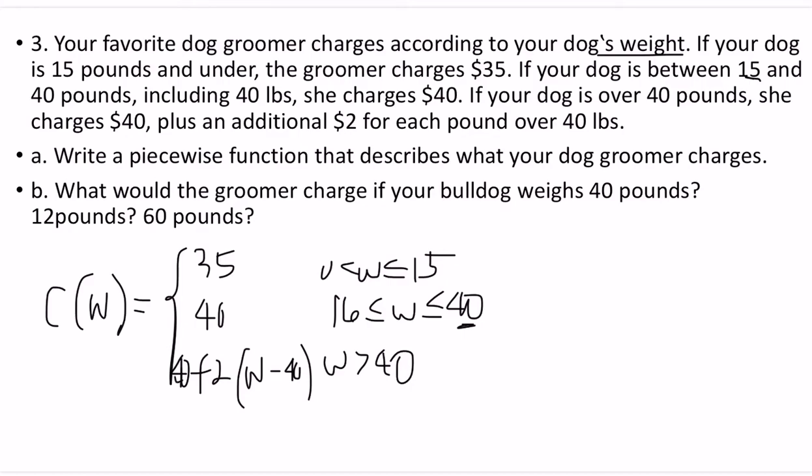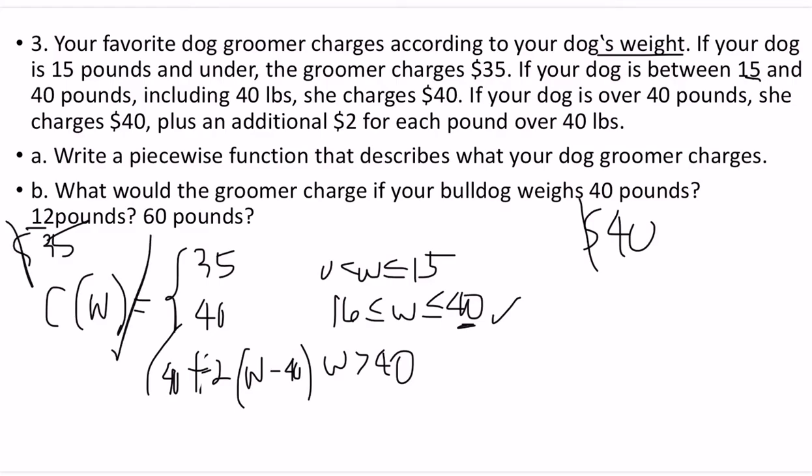Okay, so this is 40. We will write this: 40 plus. Okay, so let's answer this. If your bulldog weighs 40, you will pay $40. If your bulldog is 12 pounds, you will pay $35.